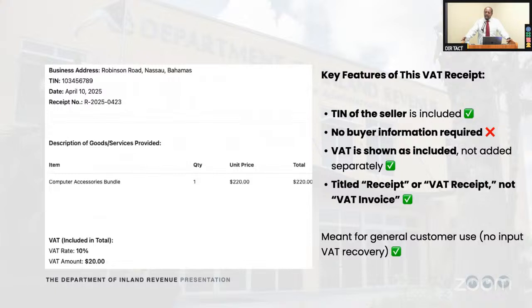You can have an accounting-based system like we spoke about yesterday with the registration process, where you have basically the cash and the accrual. And we'll talk a little bit more about this when we do the filing aspect of it. What you want to make sure at the end of the day is that even if that business is issuing to you an invoice, and a VAT invoice, but you're not a registrant, that cannot be considered a VAT invoice for your business practices or your use. That would still be utilized as a receipt.